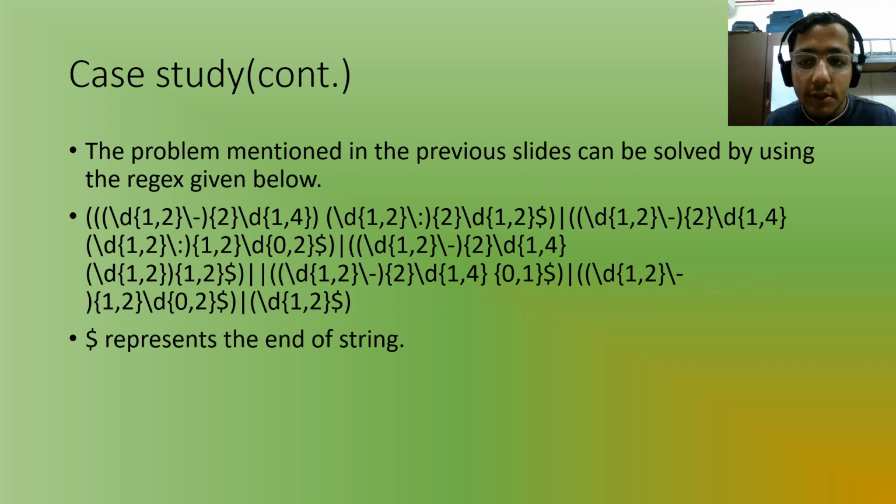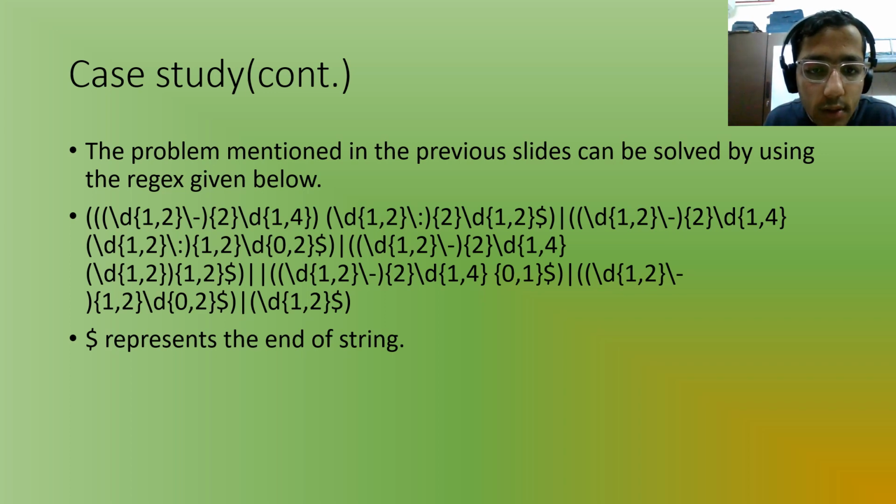Now the problem mentioned in the previous slide can be solved by using the regex that is given below. Here we see that the extra symbol we have used is dollar. This dollar represents the end of the string. That means we have put this dollar here in the second row.